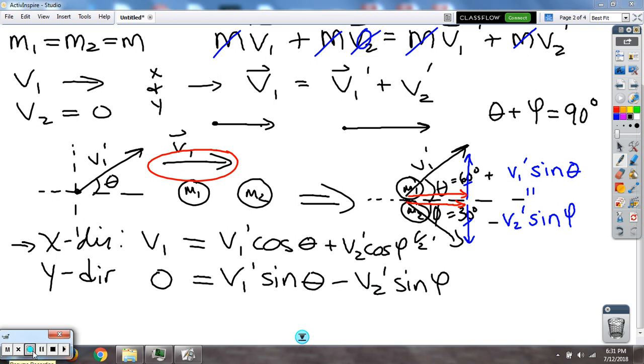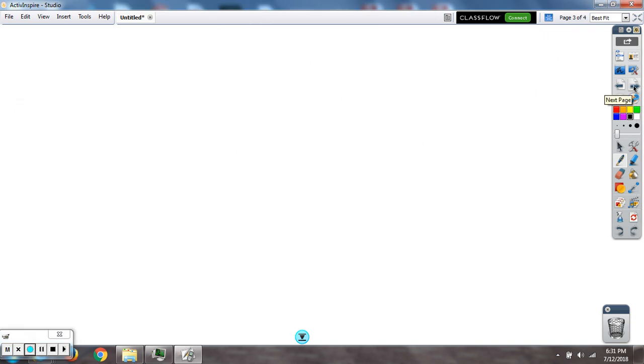All right, chapter 10 introduces a quantity called power. Power is a scalar. It's just a number. It has no direction associated with it. And there are two ways that you can get power.